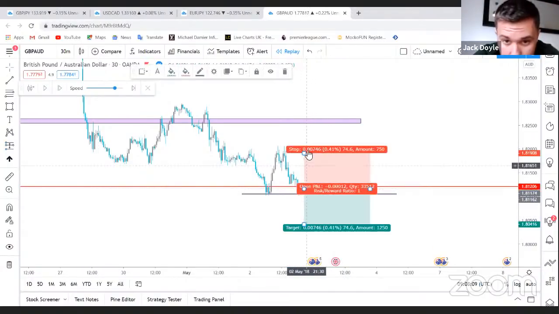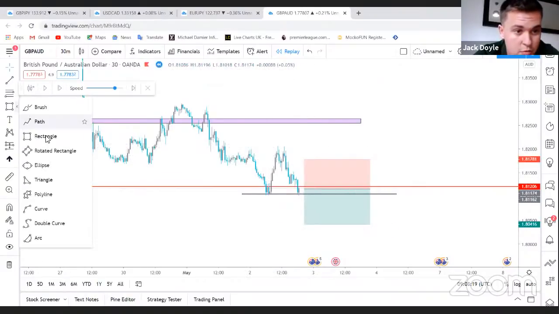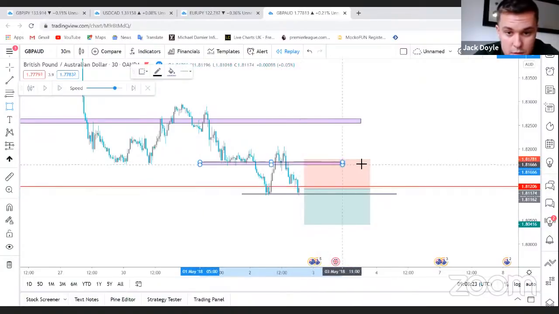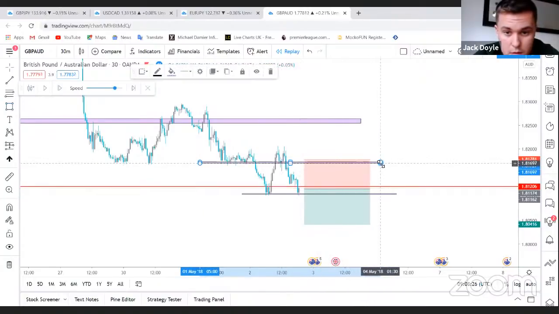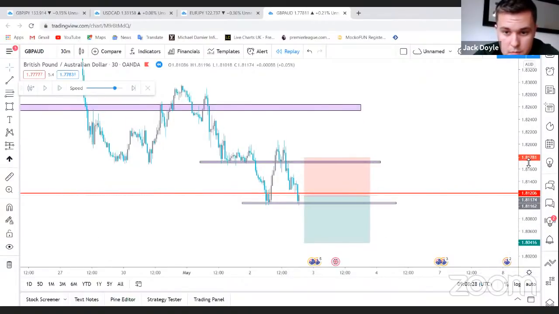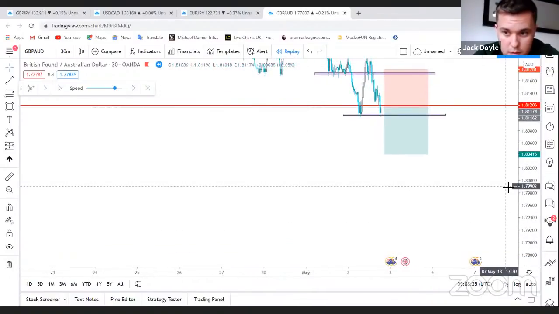So I'll tell you my risk to reward now. I'll go for my stop just above here, because I think if it comes back up, it'll retest. If it is going to retest, it'll probably be somewhere here. Right, I'm going to look left just for a target.